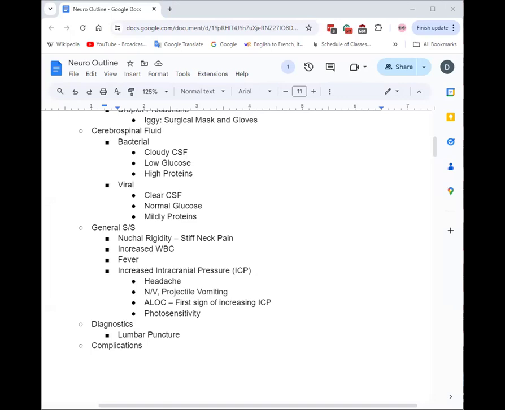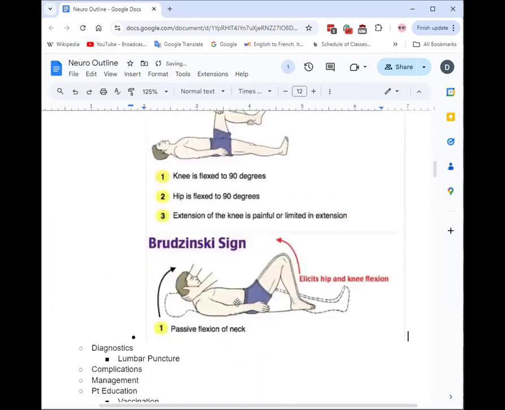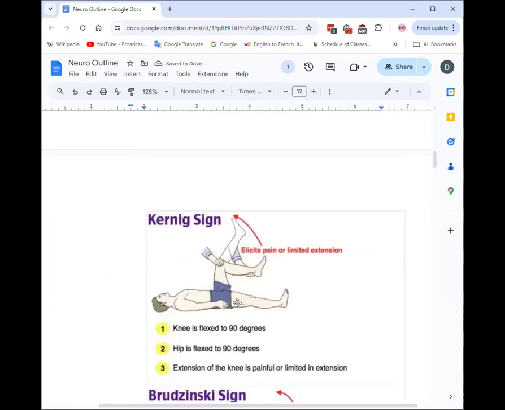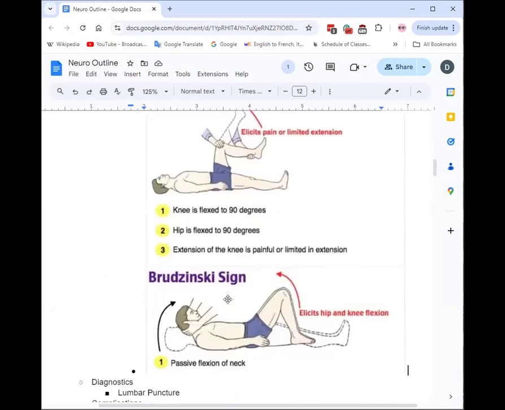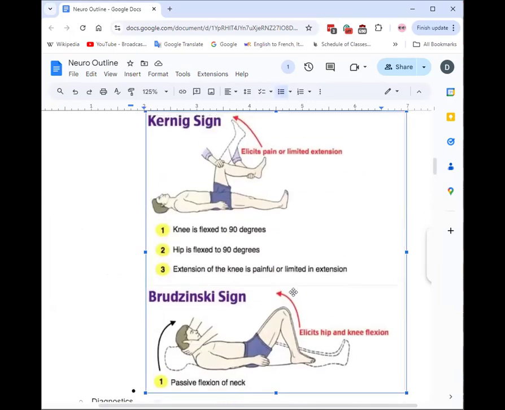There's a little thing called Kernig's and then Brudzinski's sign. I just have a picture for it. I think it's a lot easier to look at the picture than try to explain it in words. I believe Kernig's sign is not the most reliable one, but Brudzinski's can show you that there's some increased ICP.